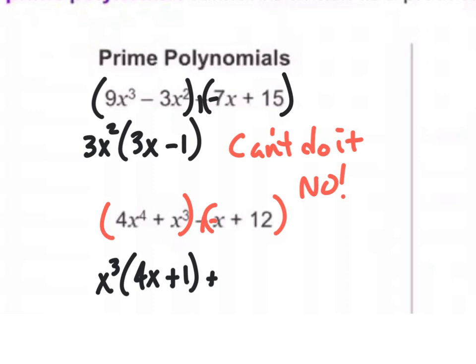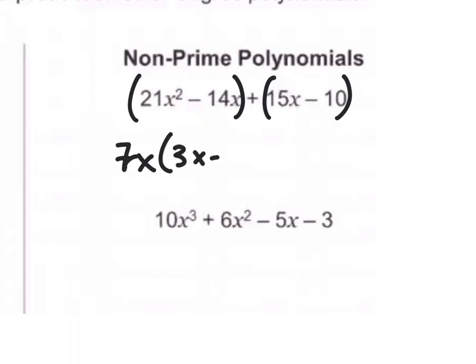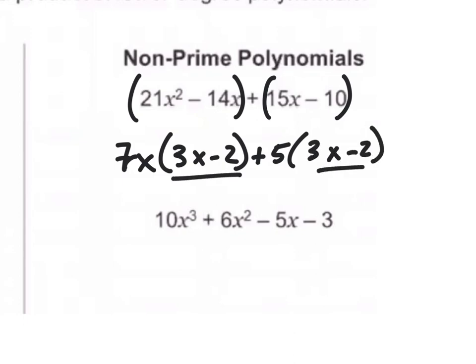But if we do have a non-prime polynomial, that means we can factor something out. So if I group this together, here I can factor out a 7x, and that leaves me with 3x minus 2. And here if I factor out a positive 5, that leaves me with 3x minus 2, and we get the same thing, and we can factor that out.